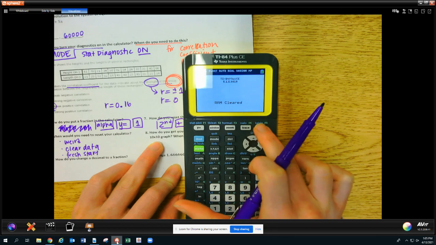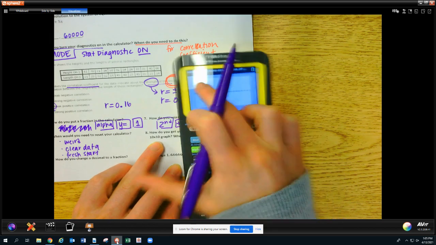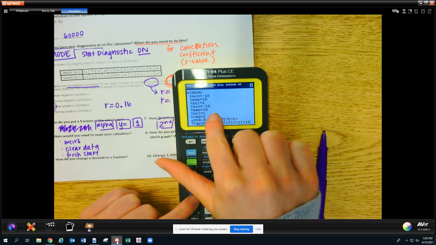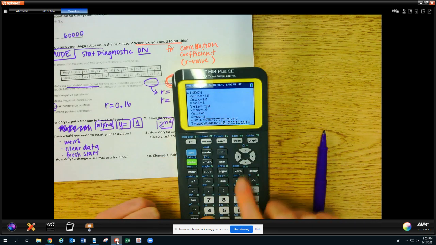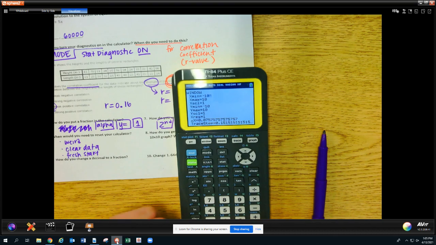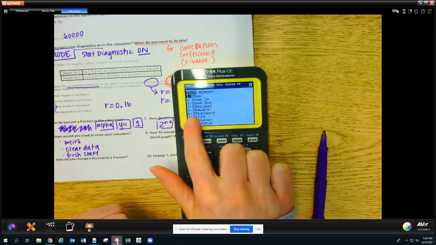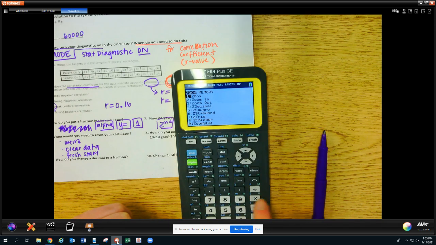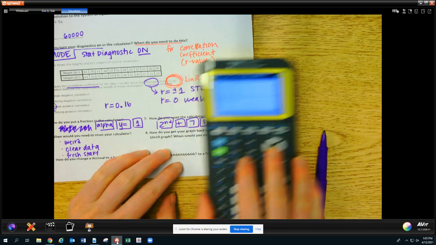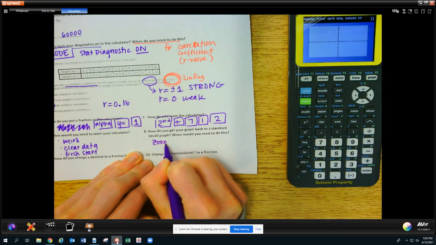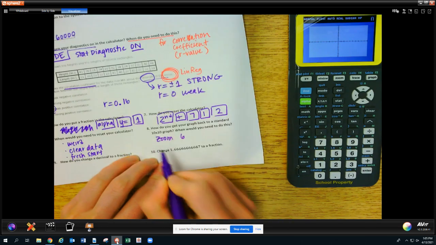Okay, how do you get your graph back to the standard 10 by 10 window? And so you don't have to reset your calculator every time you want your standard 10 by 10 window. We adjusted it quite a bit earlier. And so let's say I had it adjusted to negative 1000 and I didn't want it to look like that anymore. You just press zoom, then option 6. Automatically brings it back. So zoom 6.